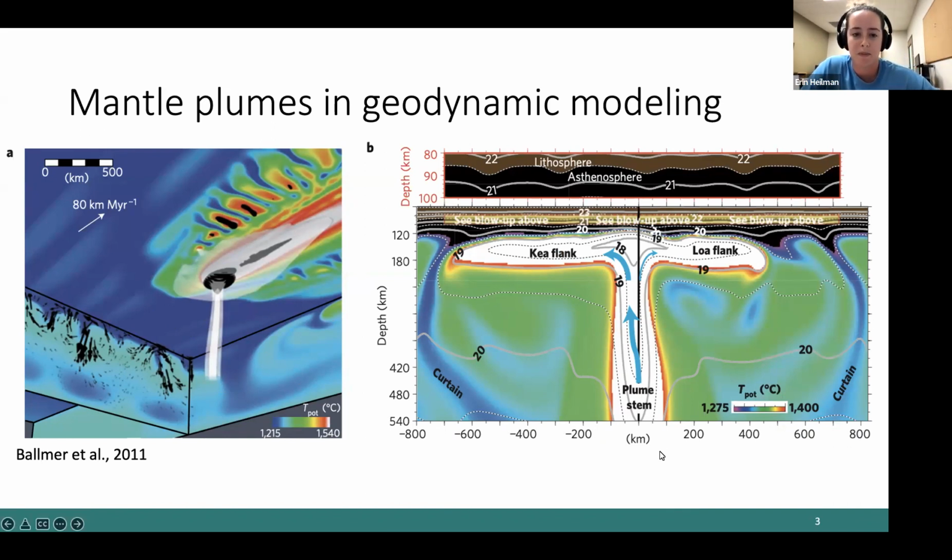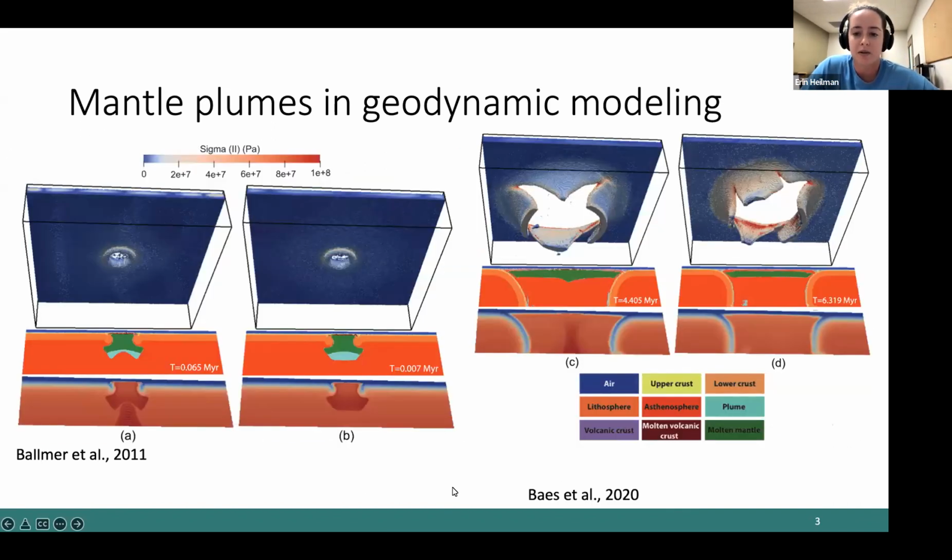And maybe the main way that mantle plumes are modeled in geodynamic modeling is for subduction initiation. Here you have a mantle plume rising into that top thermal boundary layer, and you see edges happen along the mantle plume that then develop into full subduction zones once the slabs are heavy enough to initiate slab pull.